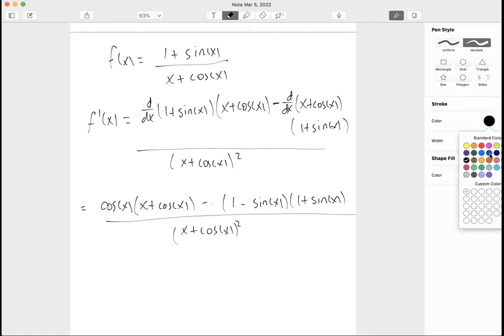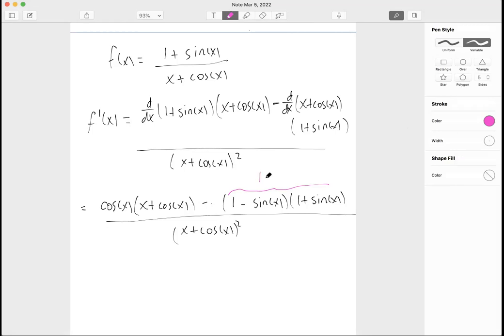Okay, from here, instead of having to worry about all this, notice that this is a difference of two squares. Yeah, this is the factorization of difference of two squares.